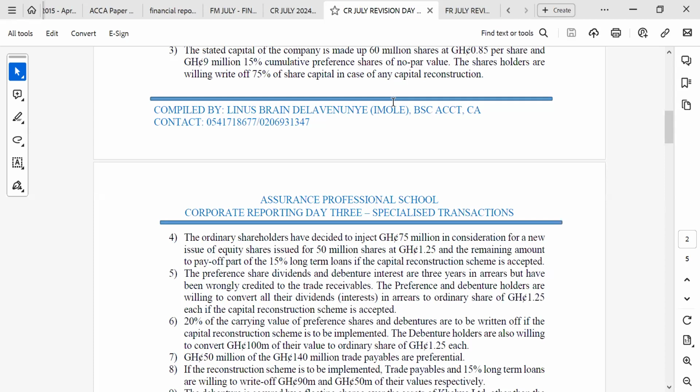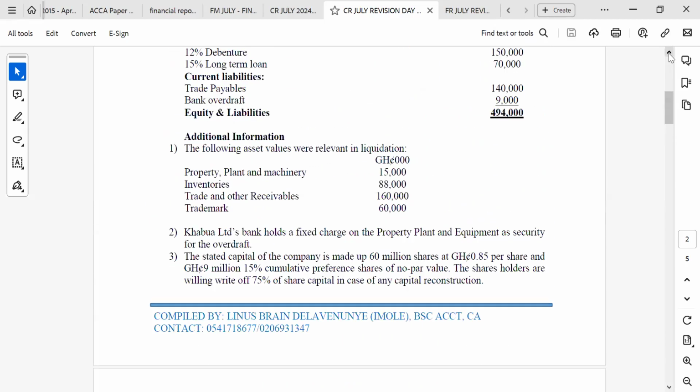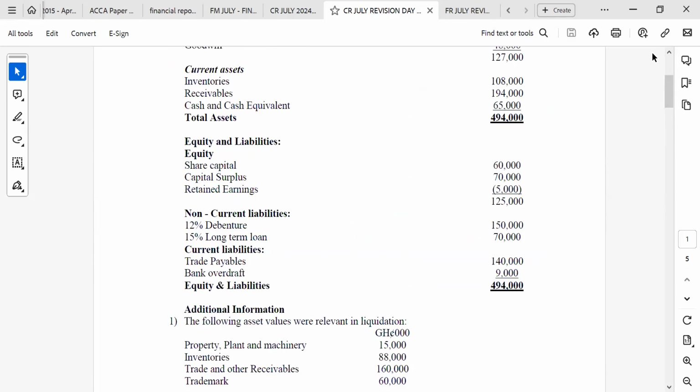So what's supposed to be the actual receivables? They have netted the interest and the dividends in arrears against the receivables. Okay. So it means that our actual receivables should have been 194,000 plus the interest of 54,000 plus 4050. Is that correct?